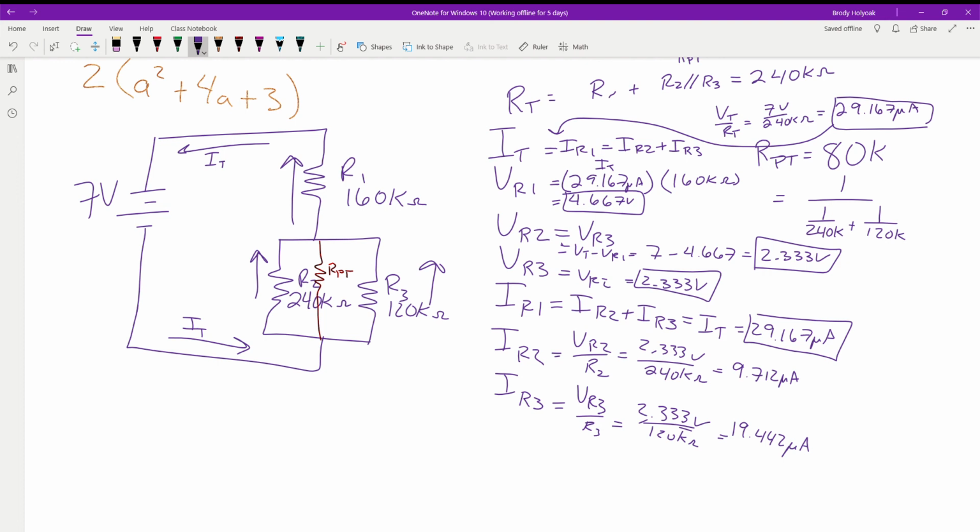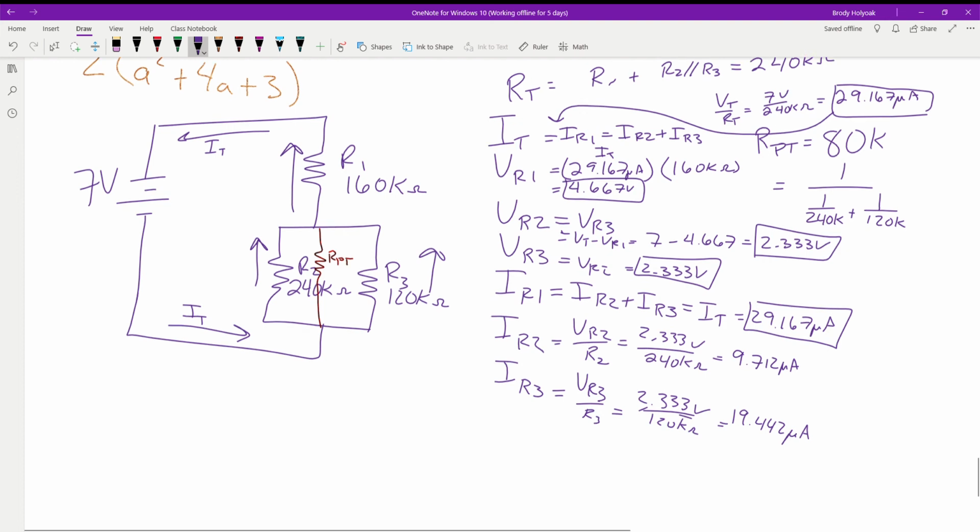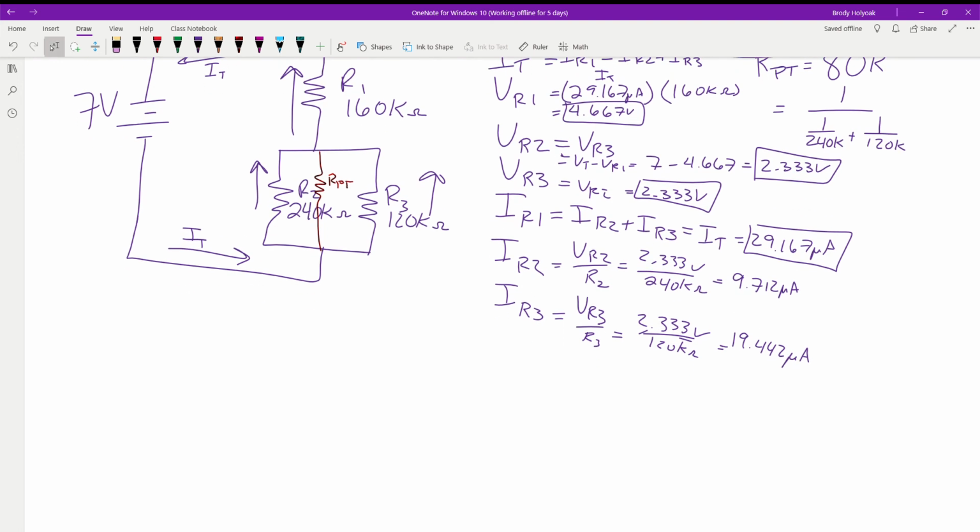So the other way we could do it is we could also use current divider. Remember, the current through R2 is equal to the current total, or the current going into this branch, times the resistance total divided by R2.